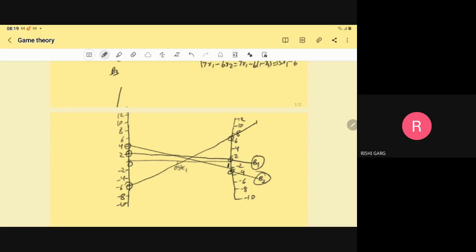So this is the line corresponding to b3. So you have drawn the expected payoffs.